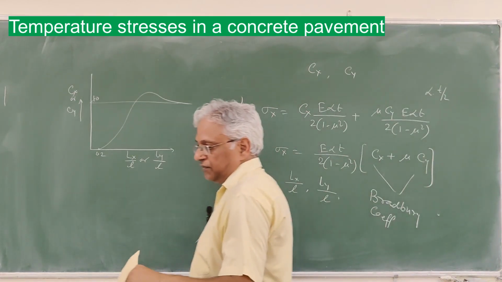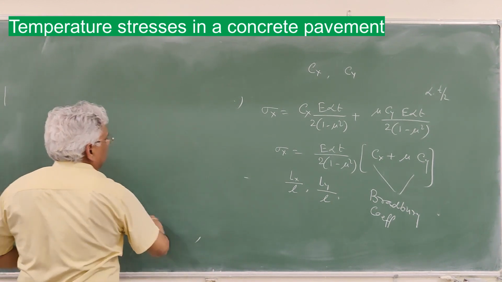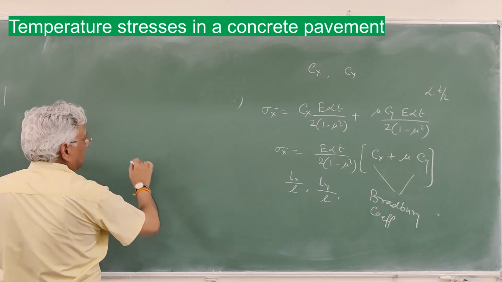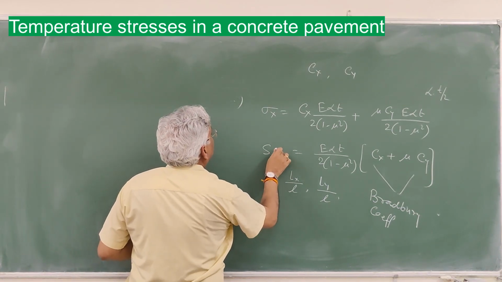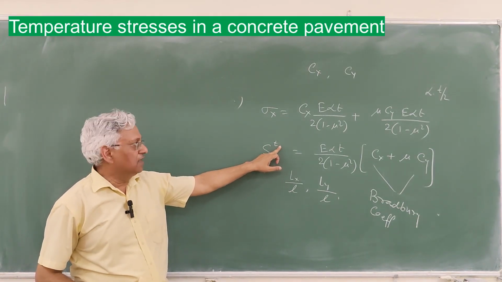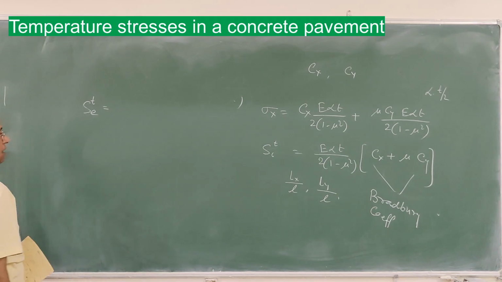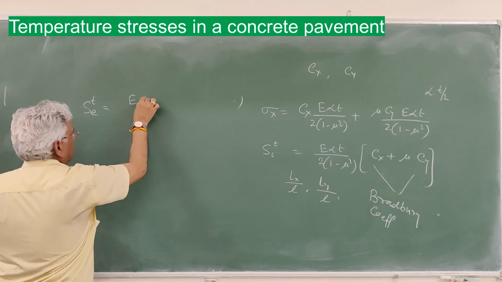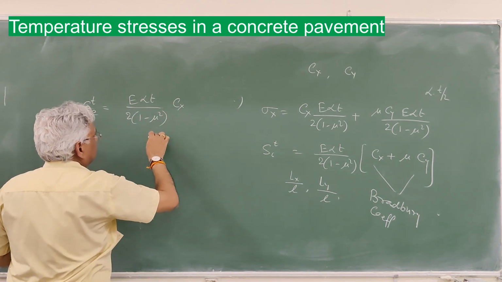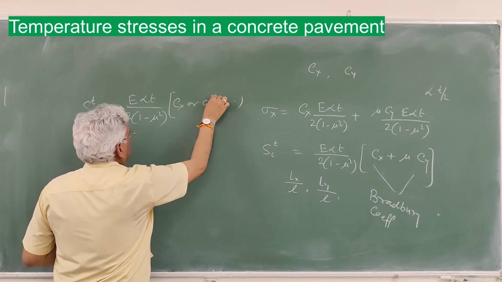At edges, I mean higher stress will be either in x direction or in y direction, and therefore you can, let us put it here, stress in interior region because of temperature rather than saying sigma x, and stress at edge because of temperature is E alpha t upon 2 into 1 minus mu square into Cx or Cy, whichever is greater.